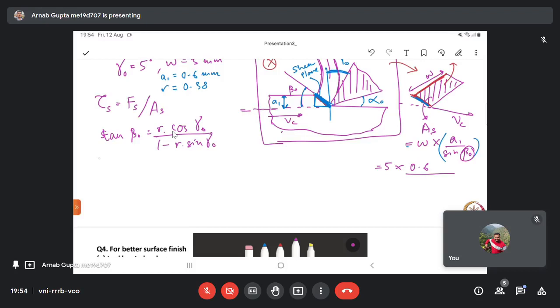So from here you will get beta naught as tan inverse of 0.38 into cos 5 degree divided by 1 minus 0.38 into sine 5 degree. What is the value that we are getting for beta naught?